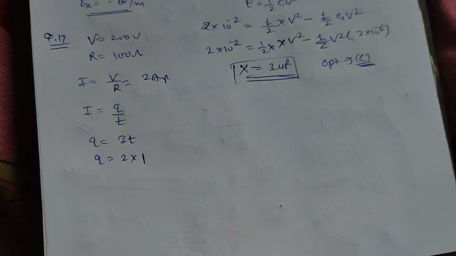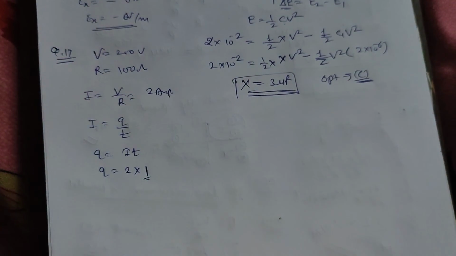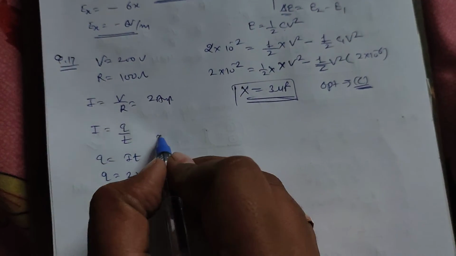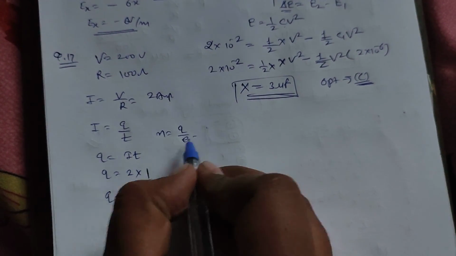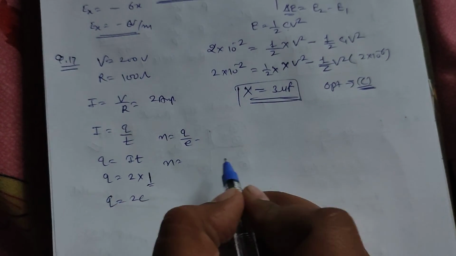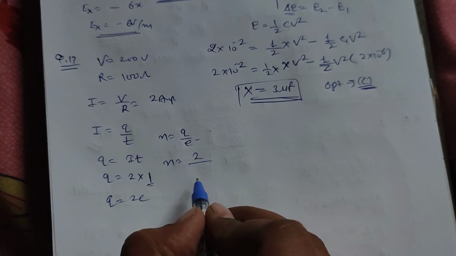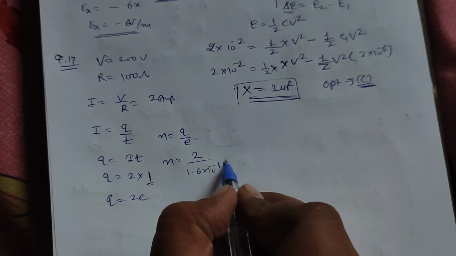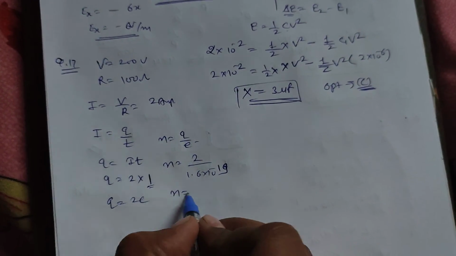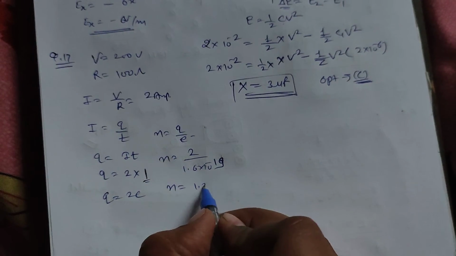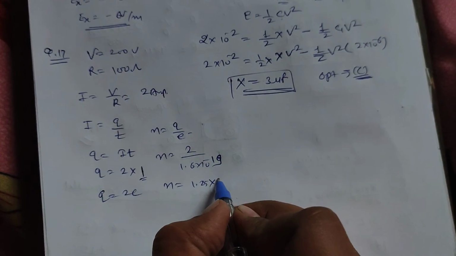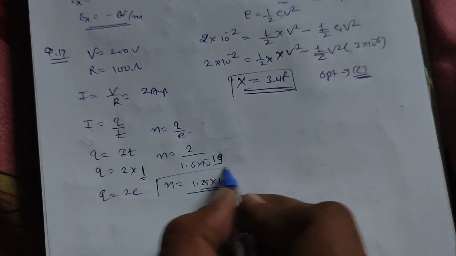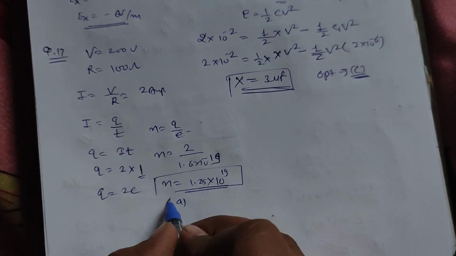The number of electrons passing through in 1 second, so time is 1 second, so Q is equal to 2 coulomb. So the number of electrons N is equal to Q by e by the quantization theory. N is equal to 2 upon 1.6 into 10 to the minus 19 coulomb, sorry. So the value of N is 1.25 into 10 to the power 19. This one is the correct answer. Option A is correct.